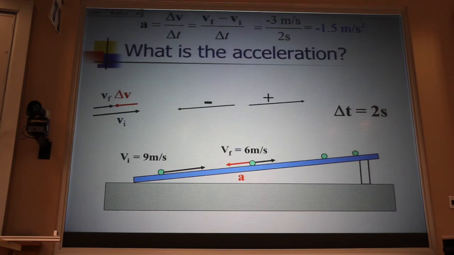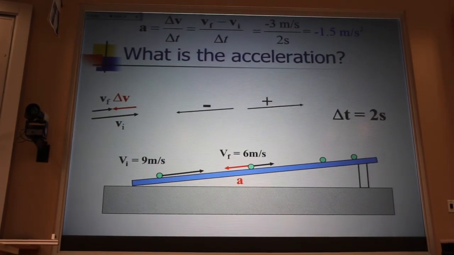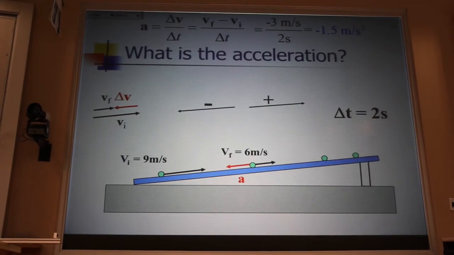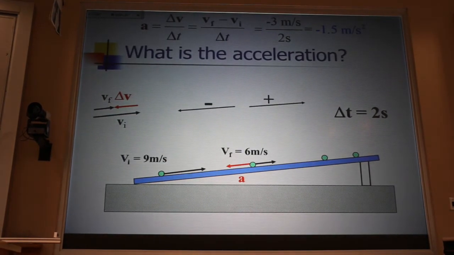What I just claimed was that this vector would always, every time, be in the same direction as that vector. And the reasoning is as follows. Unless you have a flux capacitor and a DeLorean, delta T cannot be negative. You cannot go backwards in time. If you take a vector and you divide it by a positive number, you get another vector in the same direction.